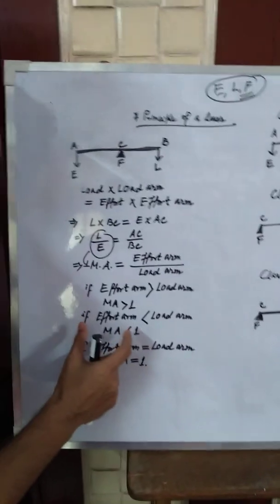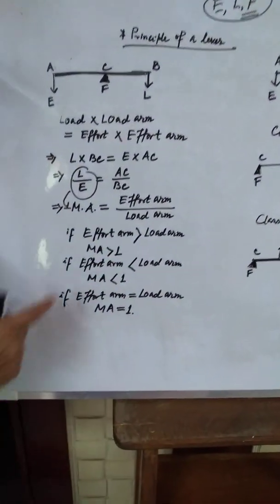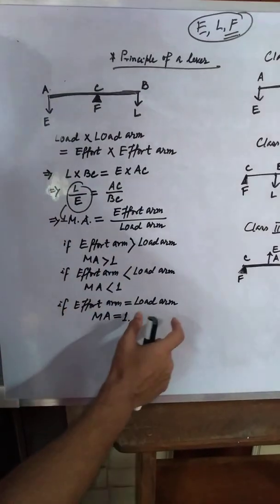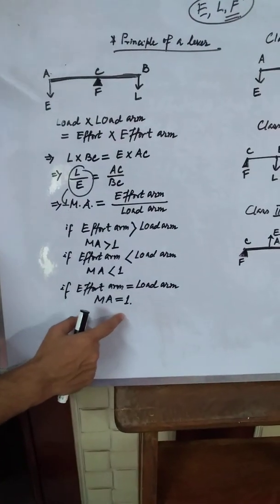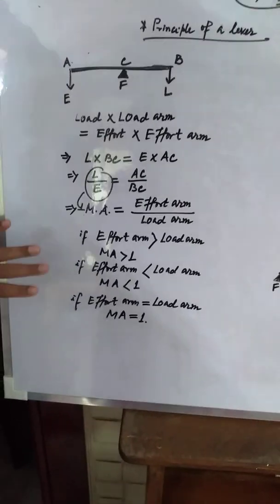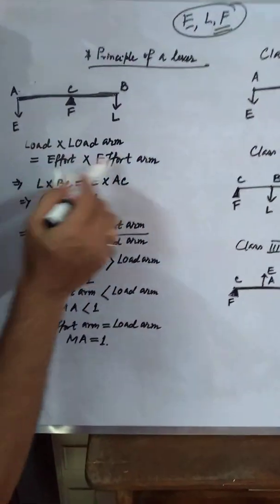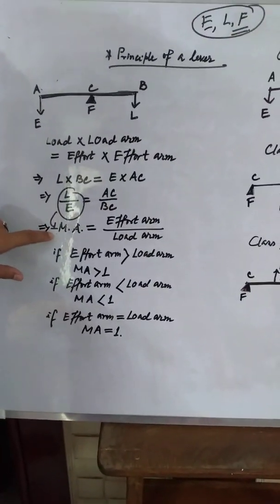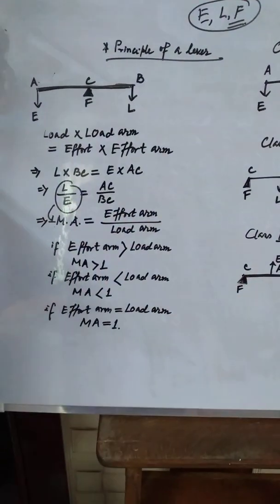And if the effort arm is less than the load arm, then the mechanical advantage is less than 1. And if the effort arm is equal to the load arm, then the mechanical advantage is equal to 1. So the principle of lever states that load into load arm equals effort into effort arm, and load by effort, or mechanical advantage, is the ratio of the effort arm to the load arm.